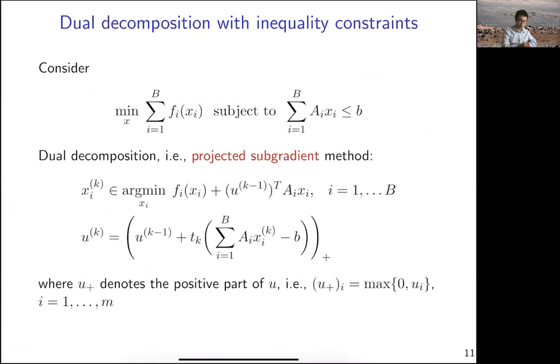Suppose we replace this with an inequality constraint, and then we can construct the Lagrangian in the same way. Since the conjugate is a general statement, we can still calculate the gradient the same way we calculated before, in the distributed fashion for every chunk separately.